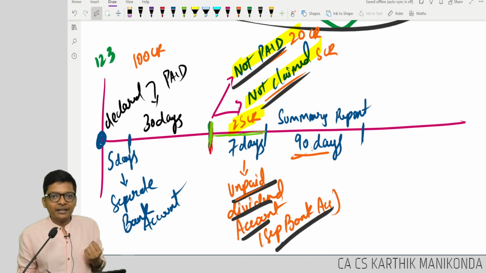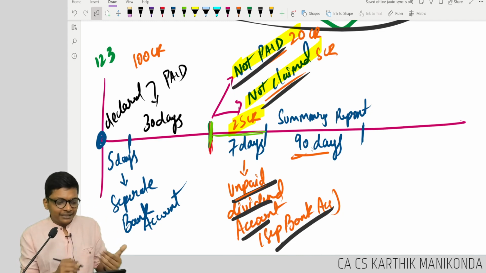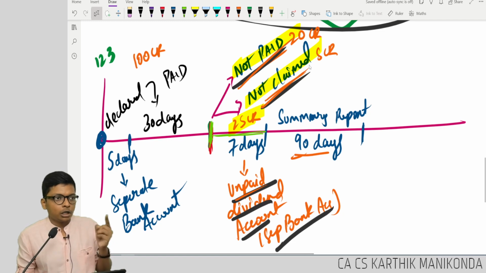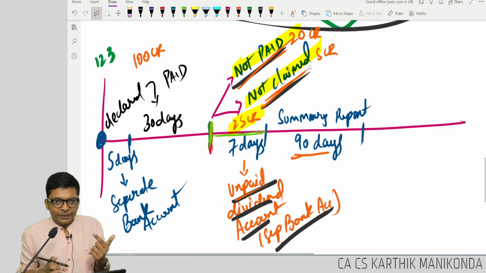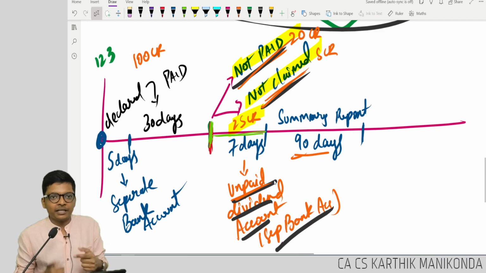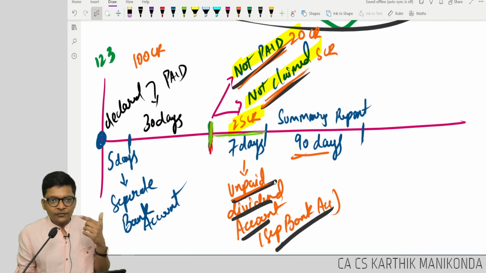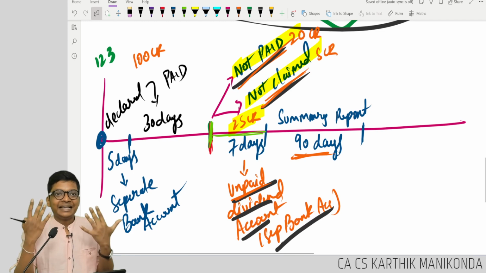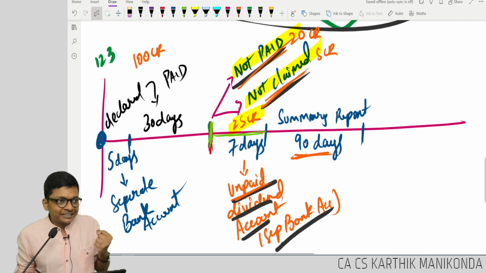Dividend declared should be paid within 30 days. Then, if any dividend is not paid or not claimed, any unpaid dividend should be transferred to an account called the unpaid dividend account, another separate bank account. And after transferring to this account, within the next 90 days, you have to prepare a summary report.